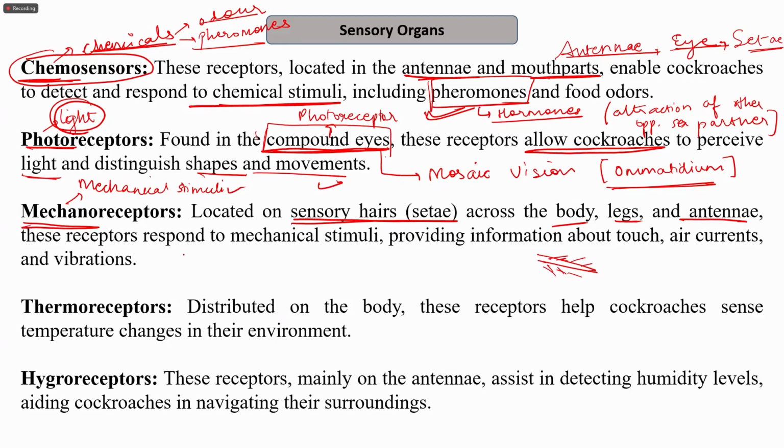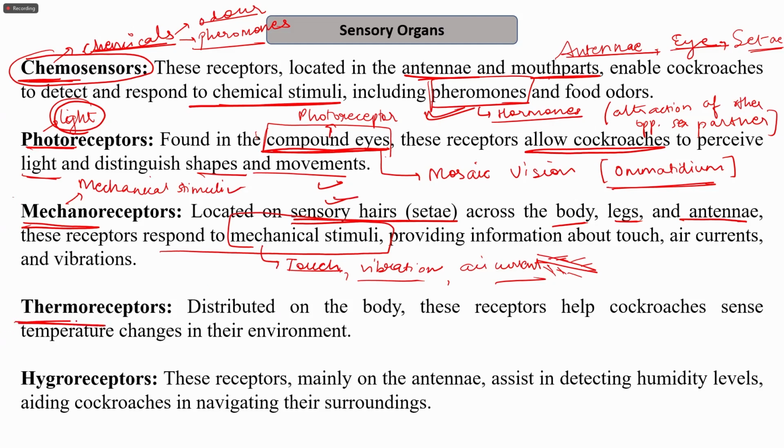What is mechanical stimuli? Any kind of touch, any kind of vibration, or any kind of air current, etc. Such mechanical stimuli are detected by the mechanoreceptors, which are located on the sensory hairs.